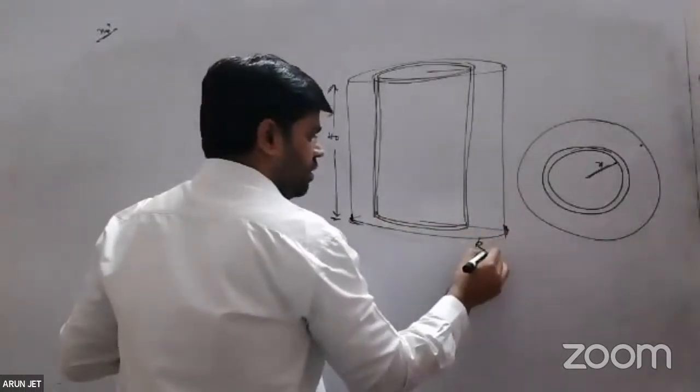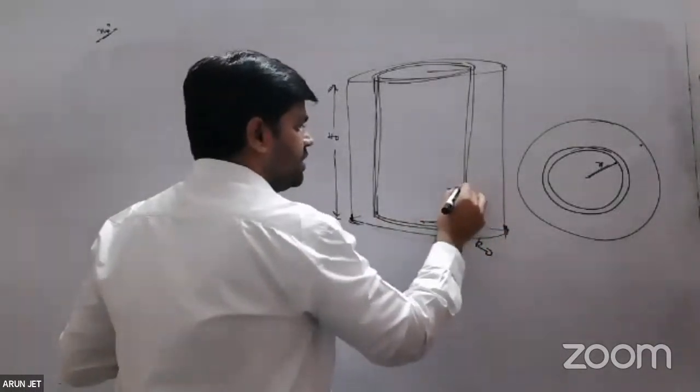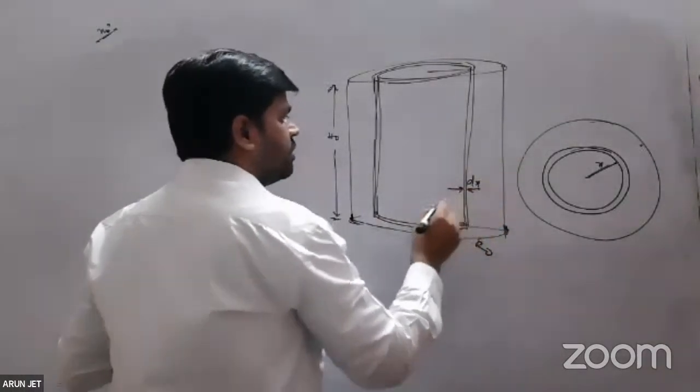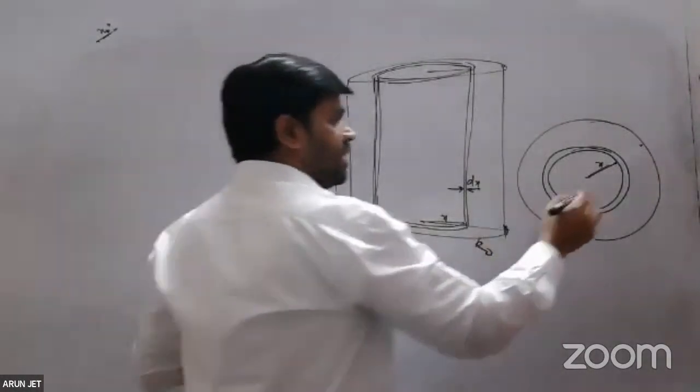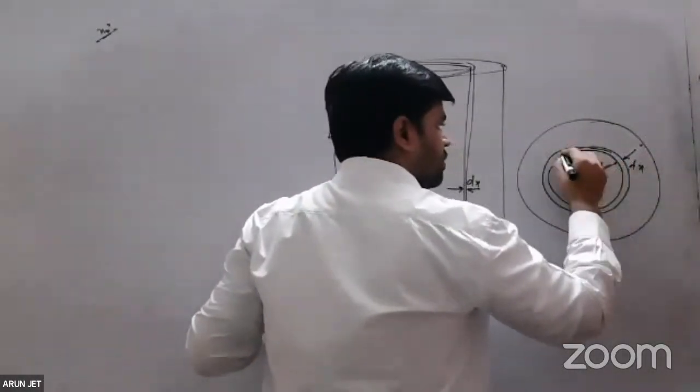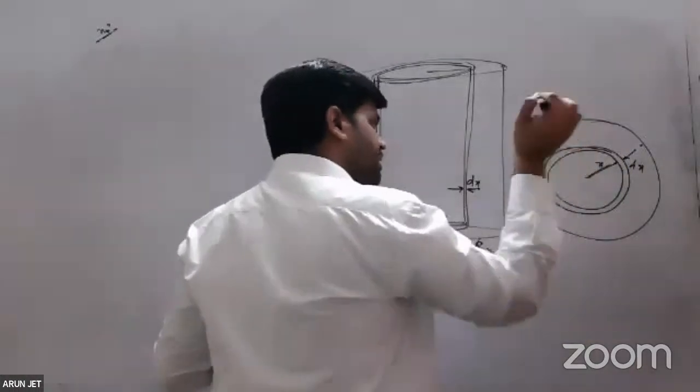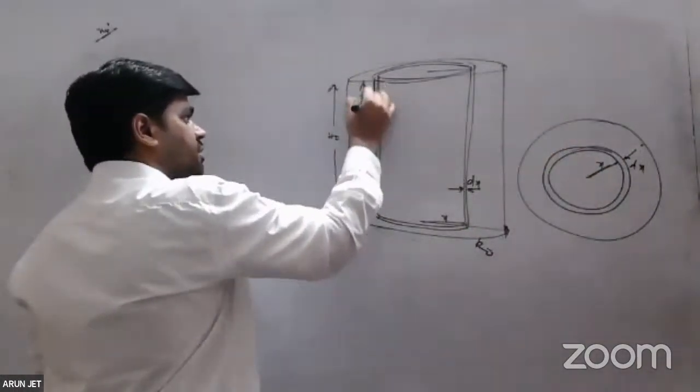This total is r naught. This is x. This is dx. This is x. And inside, the depth is h naught. This is h naught.